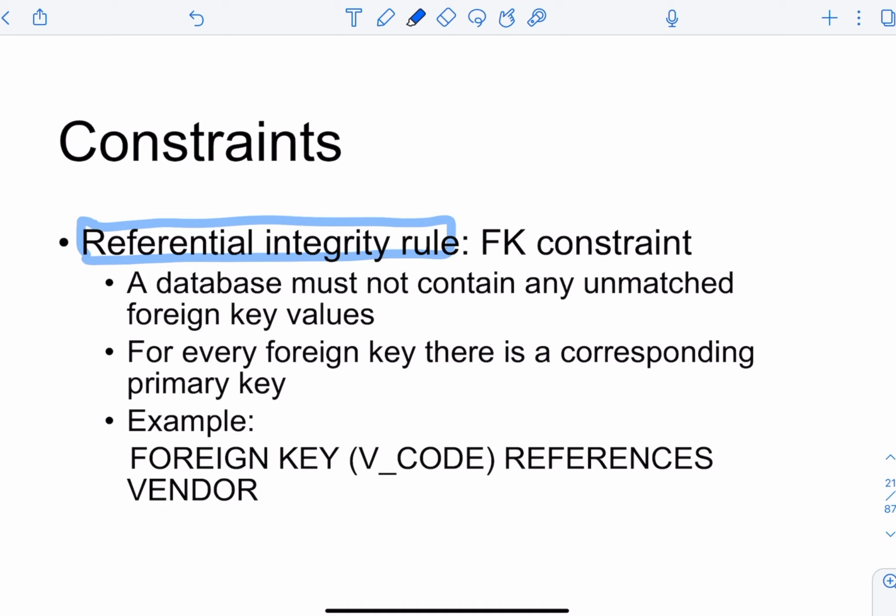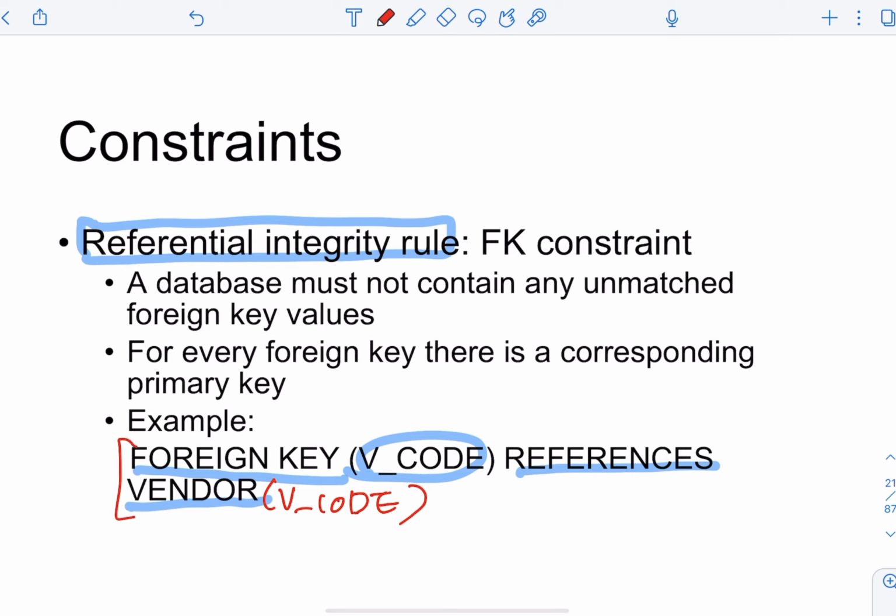For example, in the previous example, the product table's vendor code is referencing the vendor table. Again, you can specify a column for this table as well. So vendor table's vendor code column. So by specifying this, you cannot enter any value that does not exist.